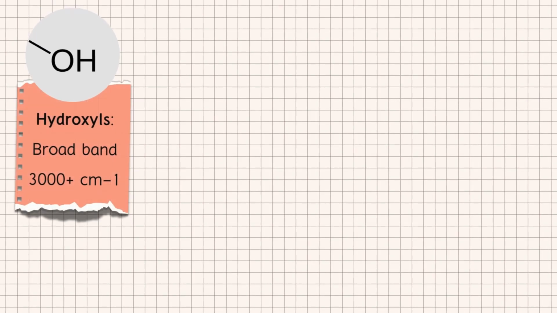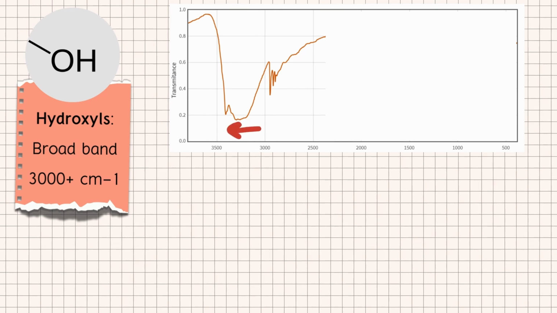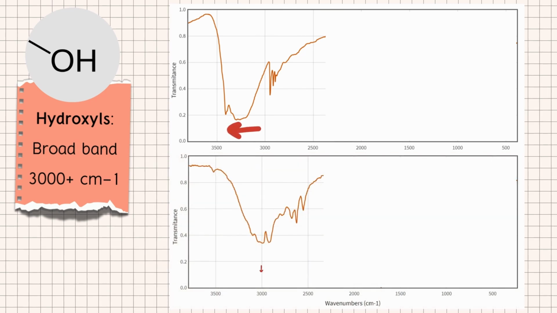Next, we have hydroxyl groups, so an oxygen-hydrogen bond of some sort. This will give a distinct broad band with a range on or above about 3000. I'm going to give you 2 ways you may see this group. Notice, we have this one above that is shifted more to the left of 3000, and this one below centered on 3000. These differences indicate the OH group of 2 different functional groups.